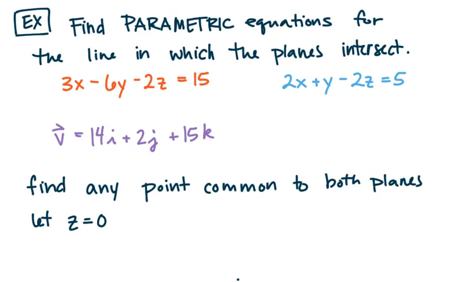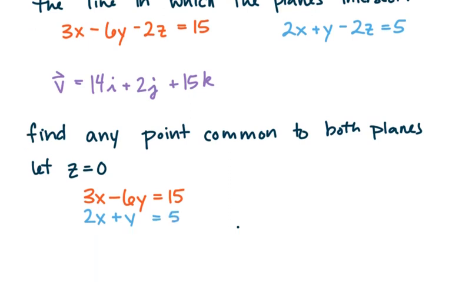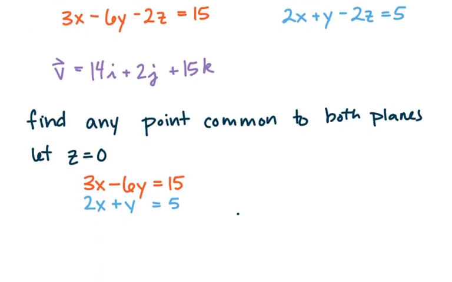So if I let z equal 0, that gives me 3x minus 6y equals 15, and 2x plus y equals 5. If I multiply this bottom one times 6, I've got 3x minus 6y equals 15.